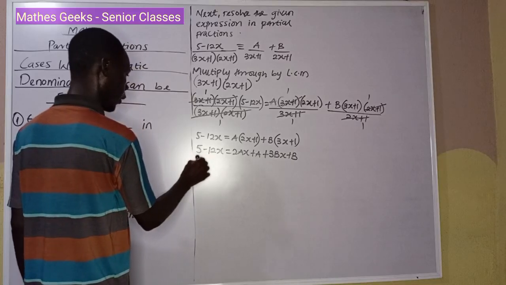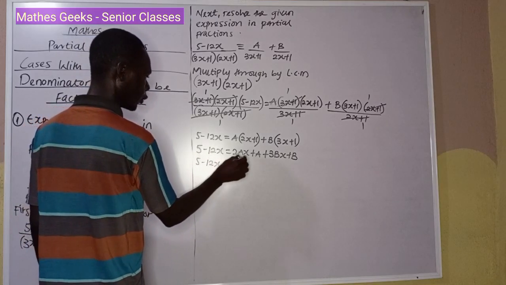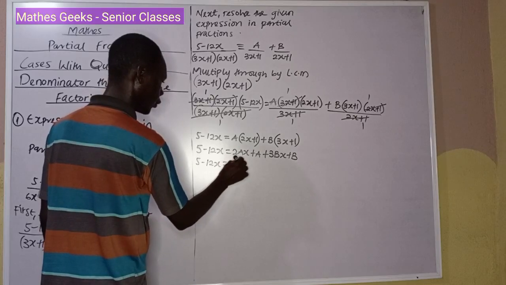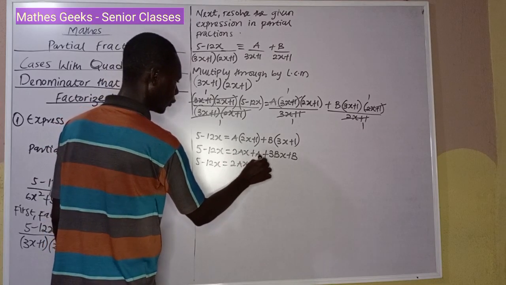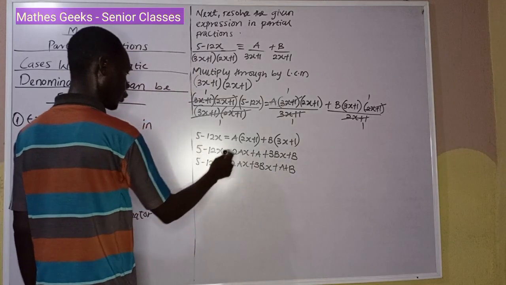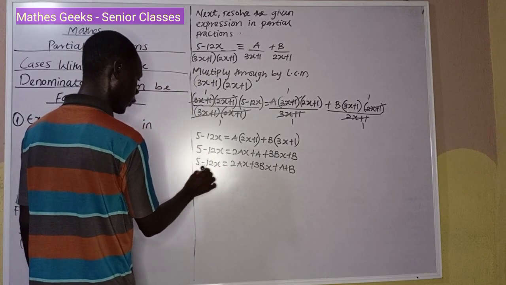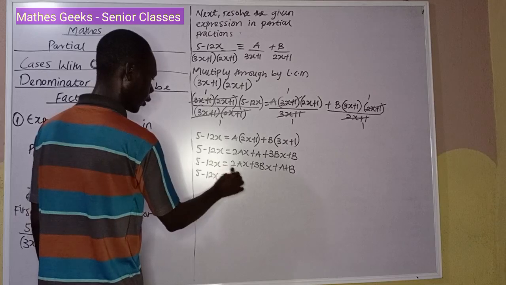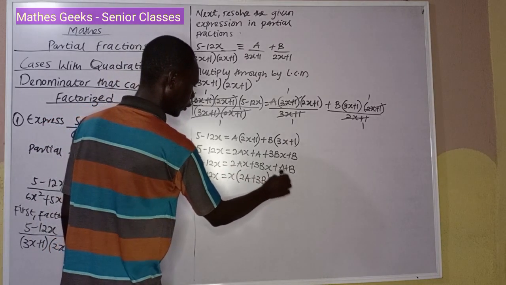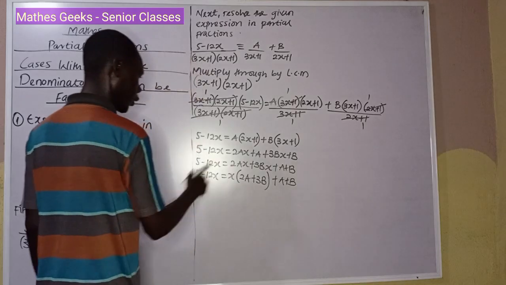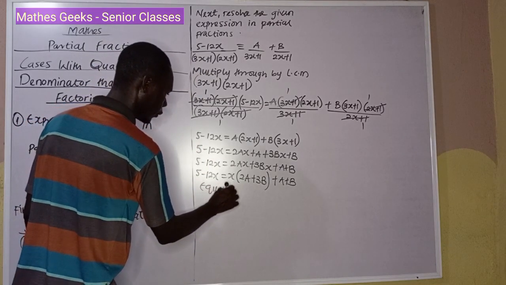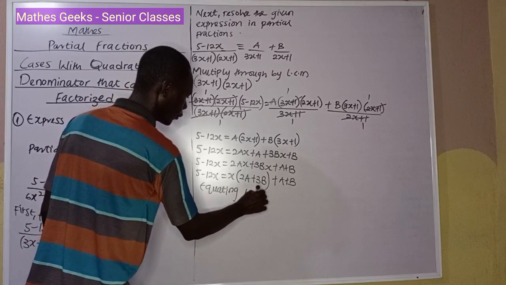So 5 minus 12x equals, we bring like terms together, x terms and constants, so 2Ax plus 3Bx plus A plus B. So we factor x out: 5 minus 12x equals x times (2A plus 3B) plus A plus B. Okay, so we're going to equate terms.